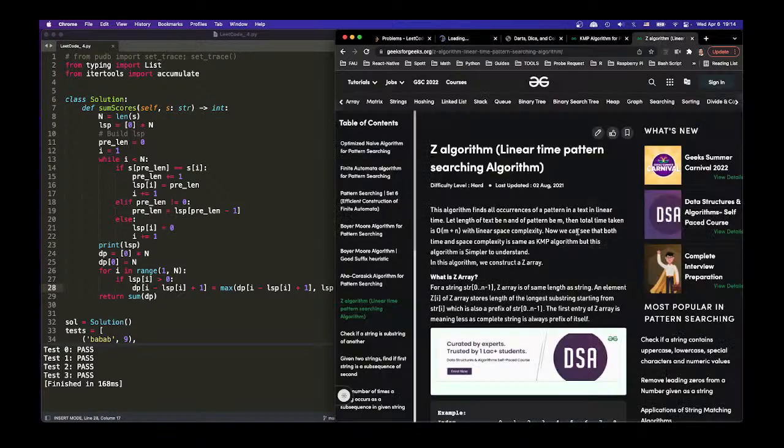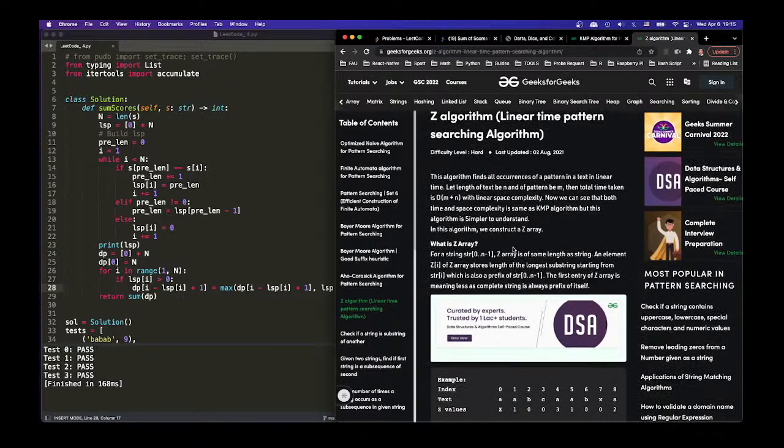Okay, so this finds all occurrence of a pattern in a text in linear time. It's the same as KMP, but this algorithm is simpler to understand. It's simpler as Z array. All right.